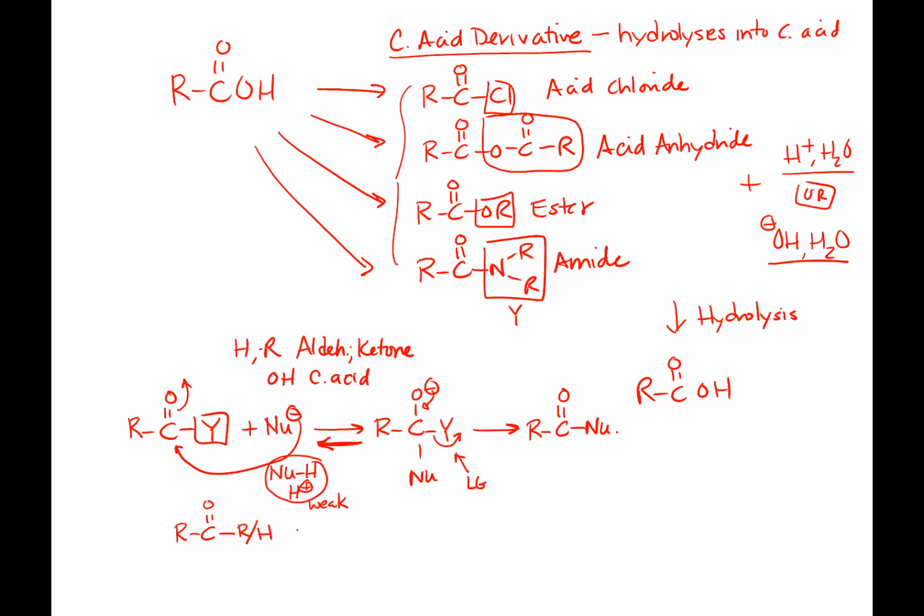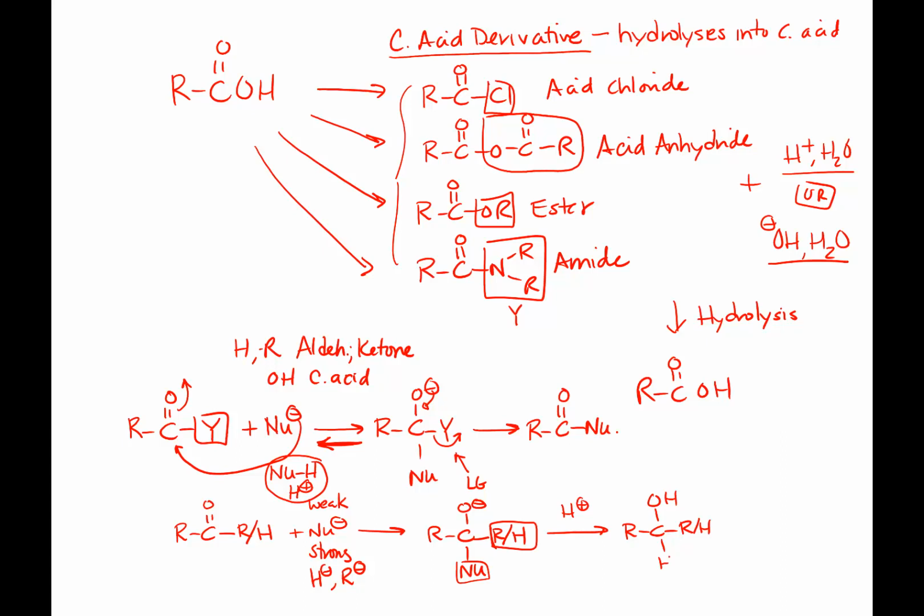When we reacted that with a strong nucleophile, if the nucleophile was strong, like an H- or an R-, we would end up forming the alkoxide, and there's no way to bring the pair of electrons back down because this isn't leaving, this isn't leaving. So we would wait for H+, and we would form our alcohol.